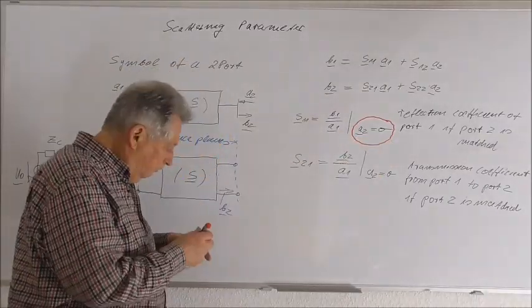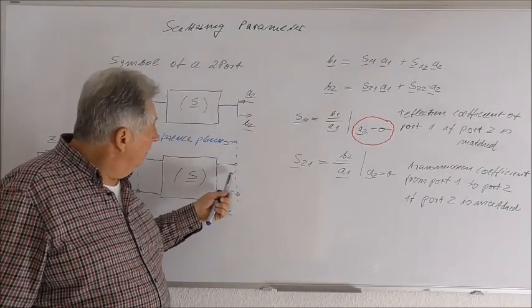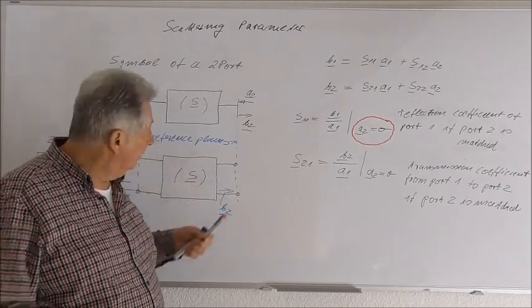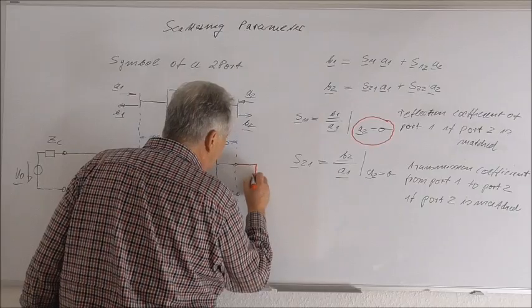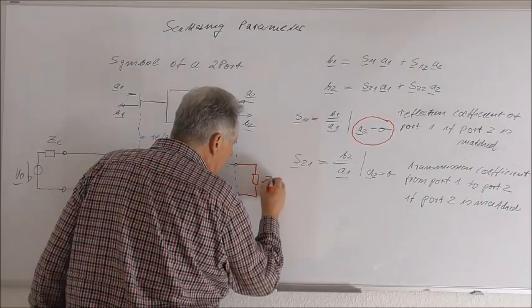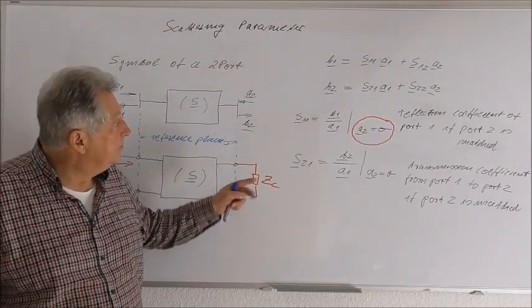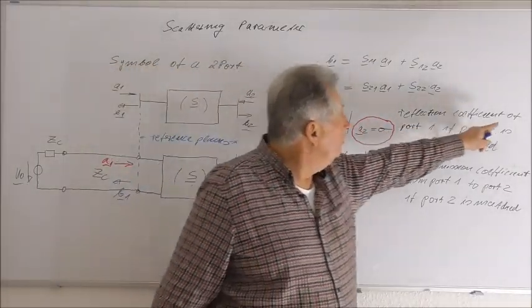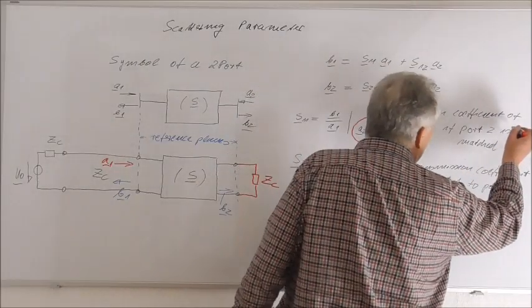So if I connect this again to a certain transmission line, then to get no reflections back into our two-port, I need to terminate port 2 in the characteristic impedance of our transmission line. This means S11 is the reflection coefficient of port 1 if port 2 is matched.